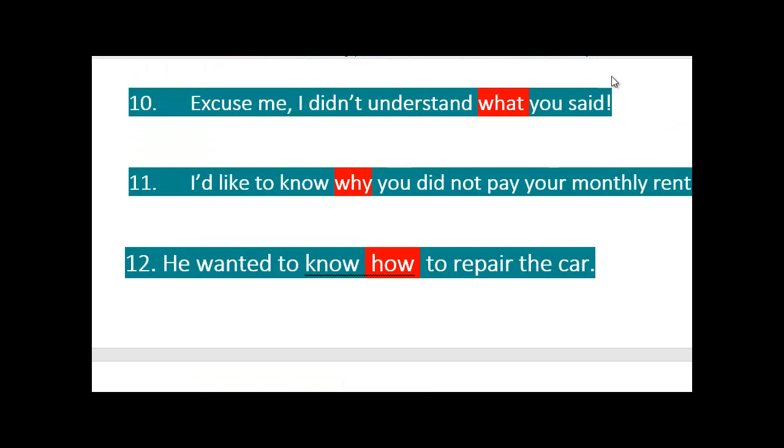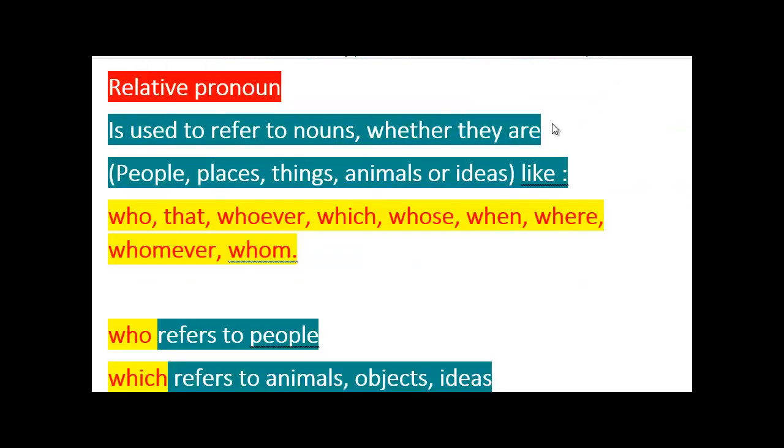So relative pronouns don't ask a direct question. They just refer to people or places or things or animals or ideas, as we talked about. Interrogative pronouns or compound interrogatives, whenever, whatever, or when and what and so on, ask direct questions, are used for questioning.